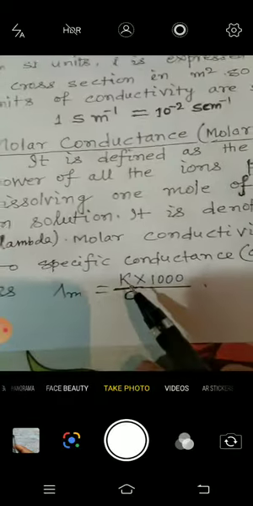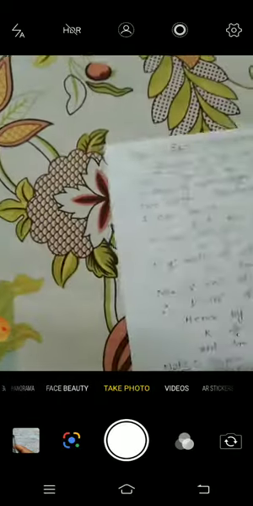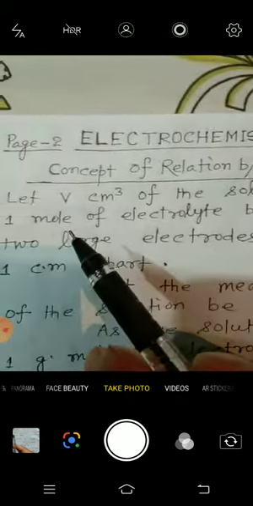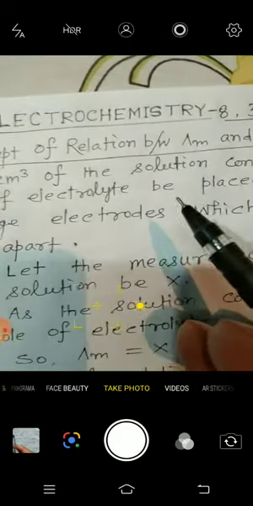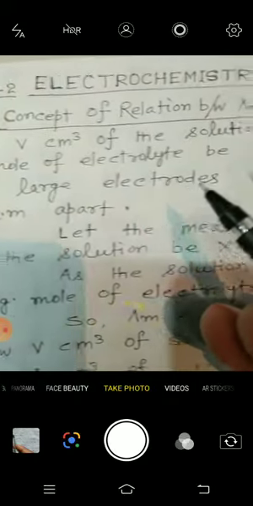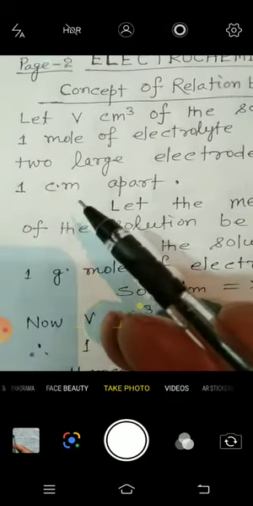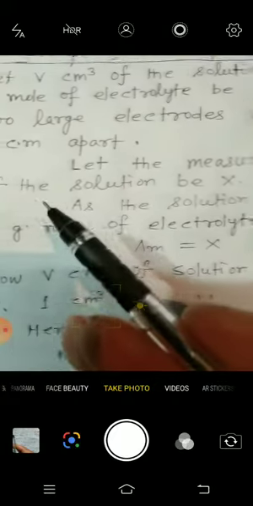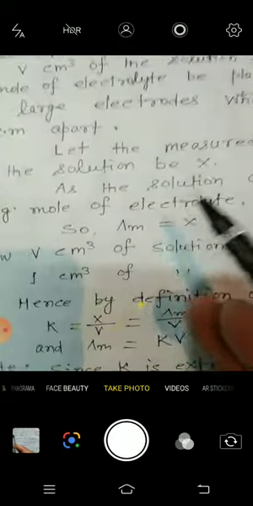So understand how they are related. Let V cm cube of the solution containing 1 mole of electrolyte be placed between two large electrodes which are 1 cm apart. Let the measured conductance of the solution be X.